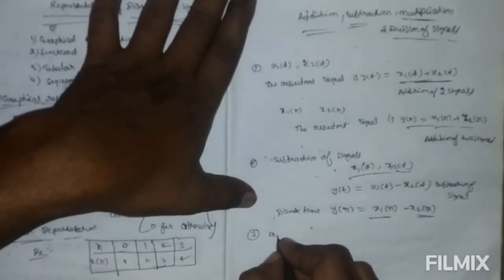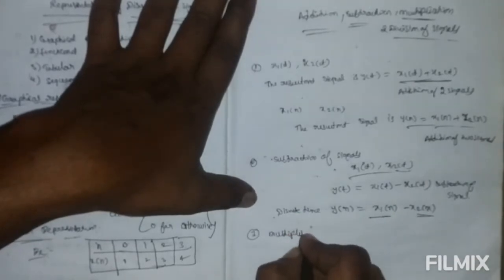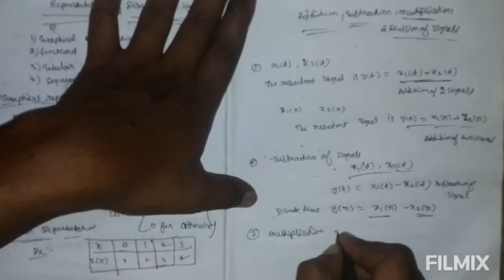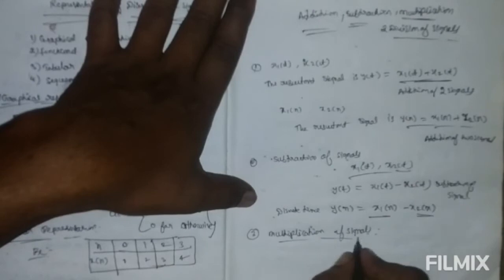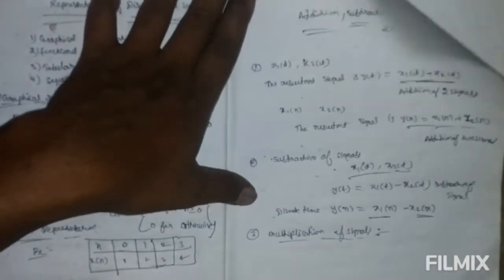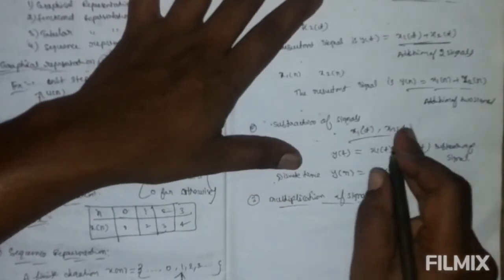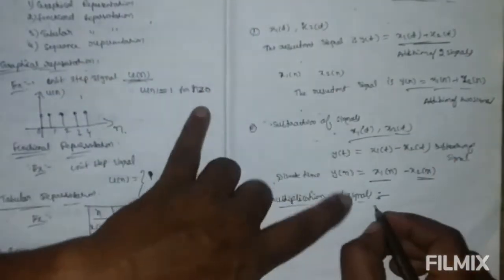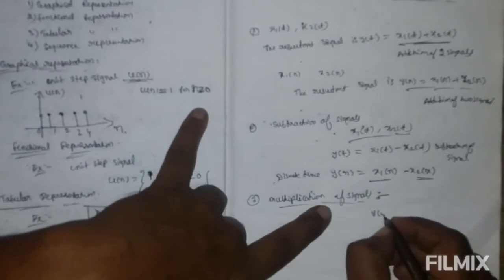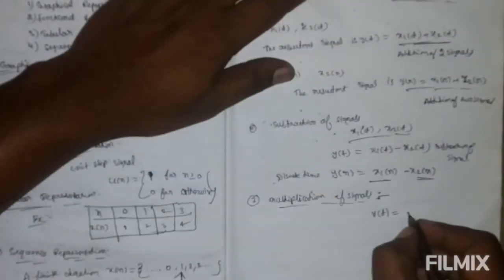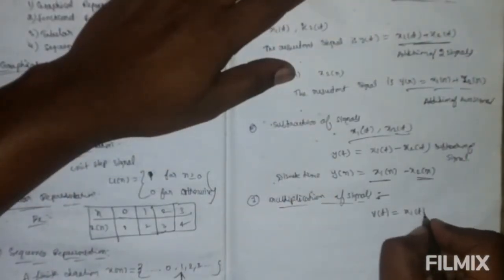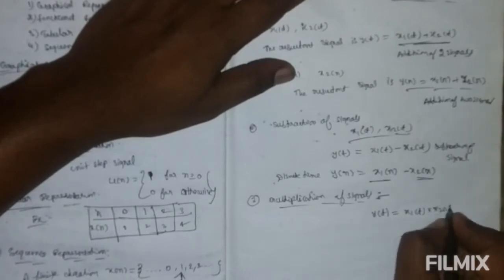Coming to the multiplication of signals. We take the same signals x1 of t and x2 of t, then the resultant multiplication of two signals is x1 of t into x2 of t.